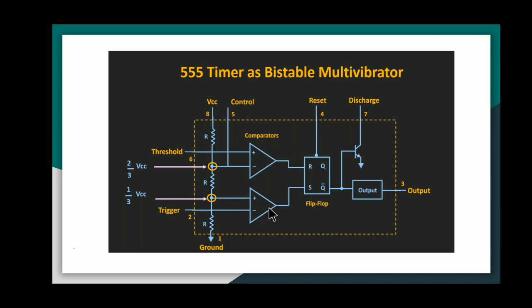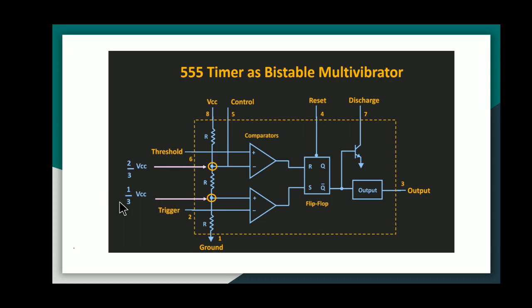It means the output of this comparator will be logic 1. And as previously stated, the output of comparator 1 is equal to logic 0. It means that the value of S is equal to 1 and R is equal to 0. In such a case, the output of the SR flip-flop is equal to logic 1. So the output of the 555 timer will also be equal to logic 1.